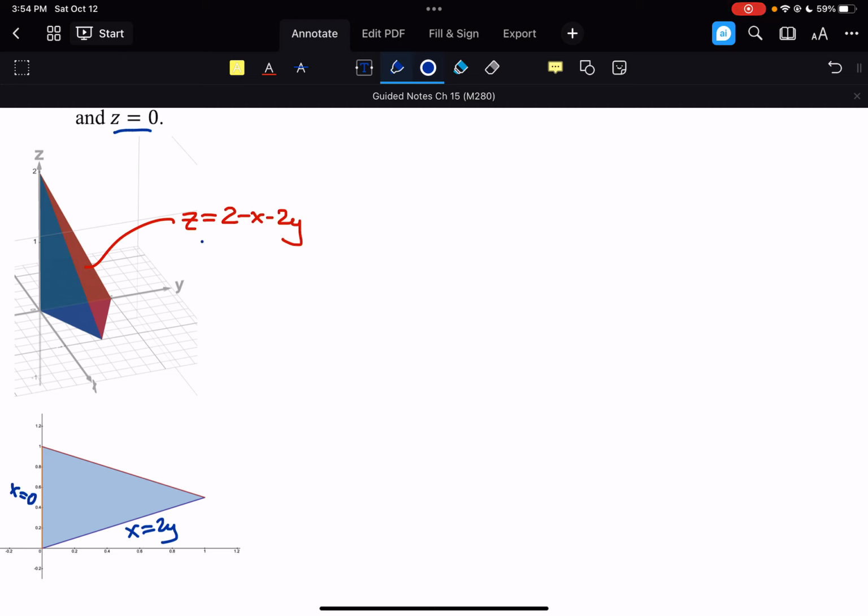So if we set this up when z equals 0, move that back over, and then divide away the 2, we get y equals negative 1/2 x plus 1. And then this one, might as well rewrite it. So we'll write this as y equals 1/2 x.